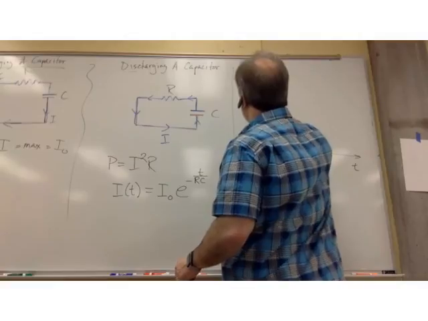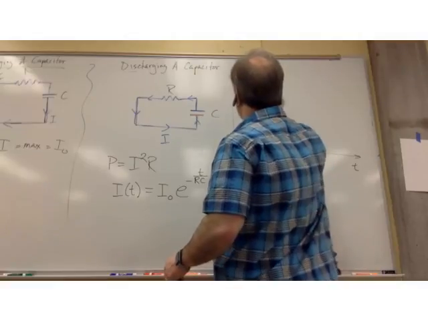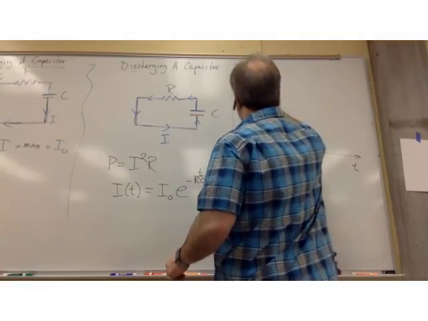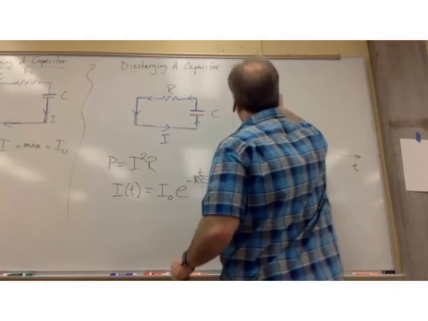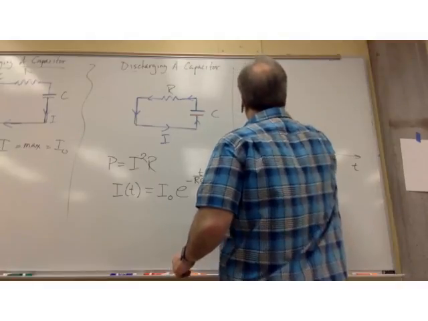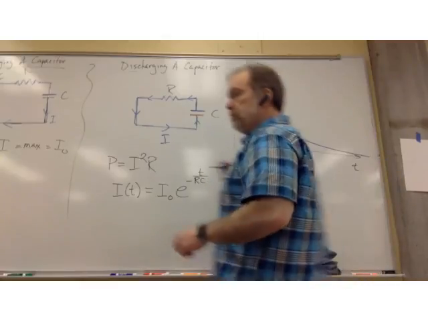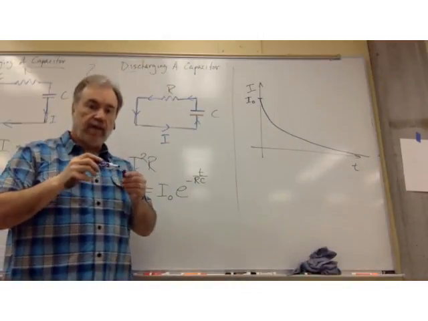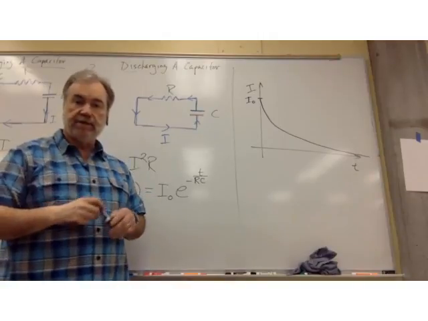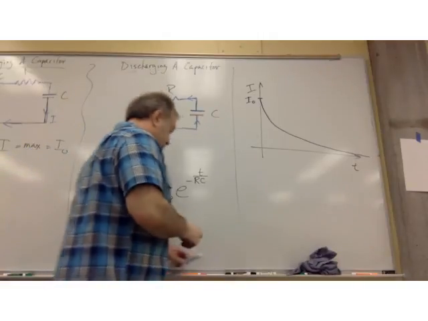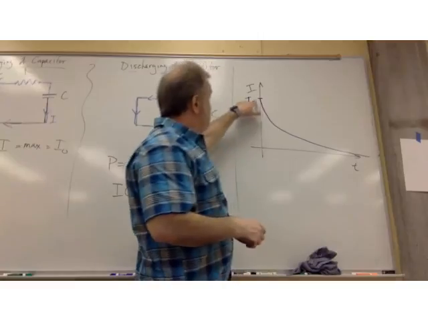So it starts out here at I0, oops, and decreases to 0. But the closer it gets to 0, the more slowly the current decreases. Okay, so this is a measure.